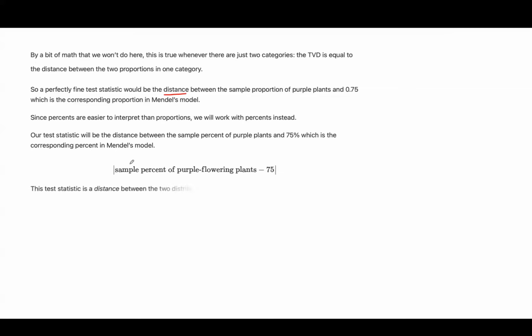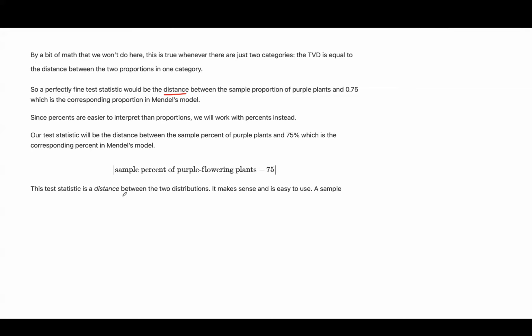Our test statistic will be the distance between the sample percent of purple plants and 75%, which is the corresponding percent in Mendel's model. So basically, we're taking the absolute value of the difference between the sample percent of purple flowering plants and 75. Don't forget to take the absolute value to get a positive number. Otherwise, as we saw before, if you add all of those differences together, you get a 0.